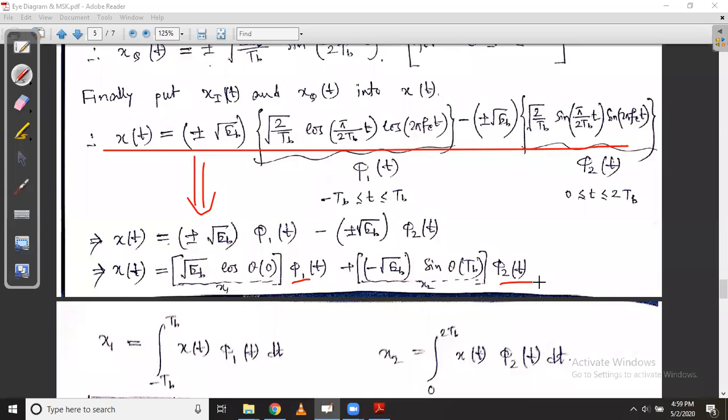To calculate the probability of error, symbol energy, all these things, to get some information about the symbols. We are interested in the basis functions, and we are getting those basis functions from the main expression by rearranging the terms. Okay.